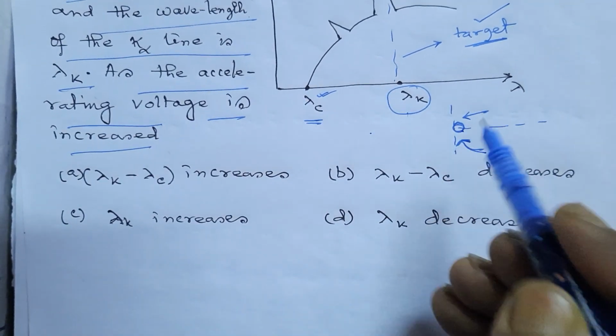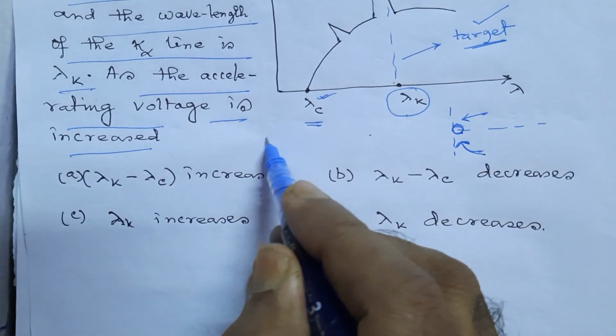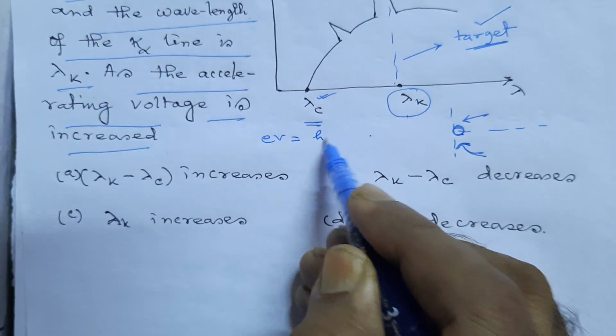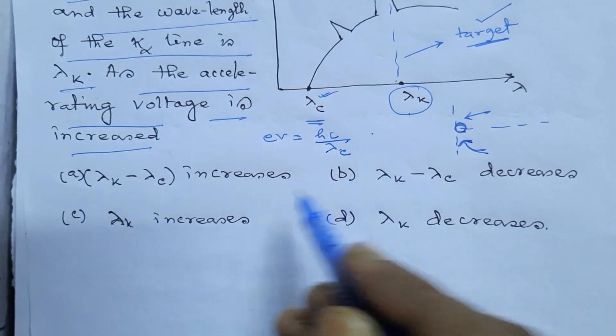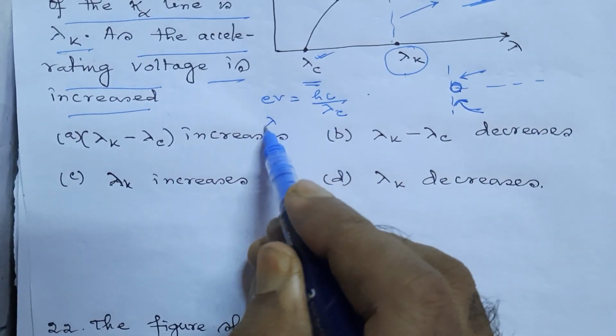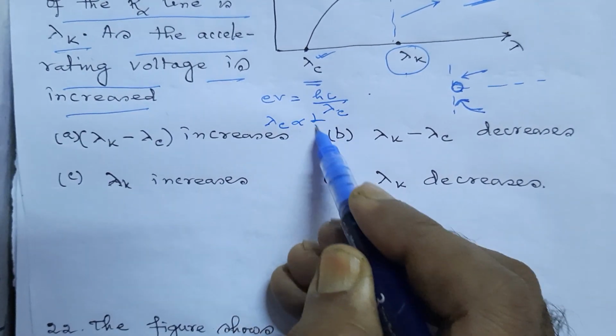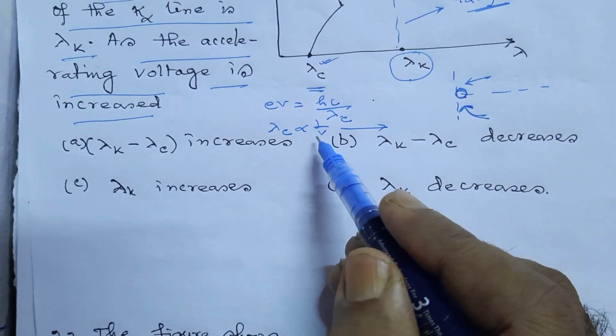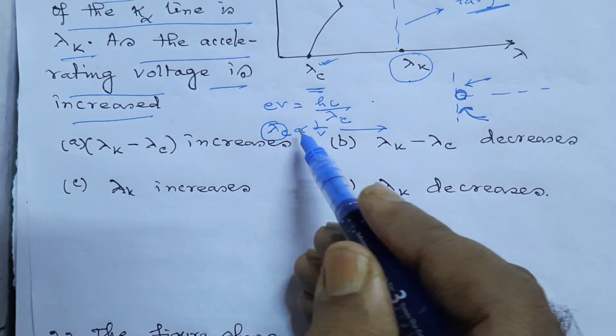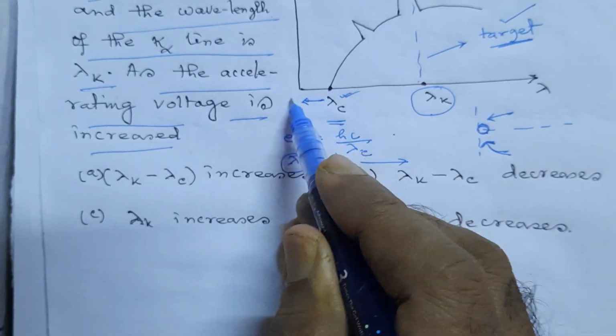From the Duane-Hunt equation, we may write eV equals hc by lambda minimum, or lambda c. Then lambda c is proportional to 1 by V. So as V, the accelerating potential, increases, lambda c will decrease. So lambda c will go down.